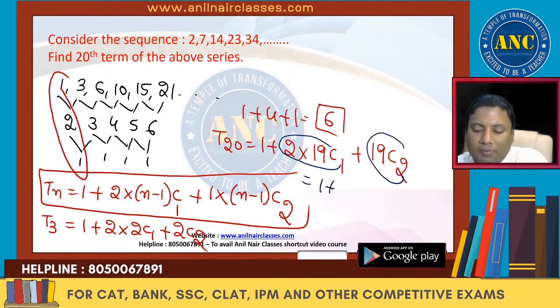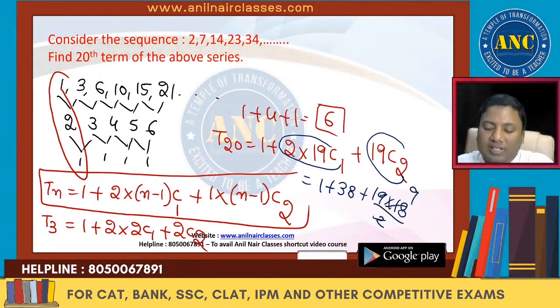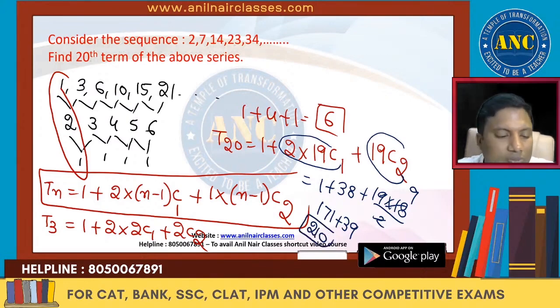Or otherwise, 1 plus 38 plus 19 into 18 by 2. 19 9s are 171, plus 39, that is nothing but 210. I hope the idea is clear. For any question, without finding the values of capital A, capital B, capital C, you will get the answer.